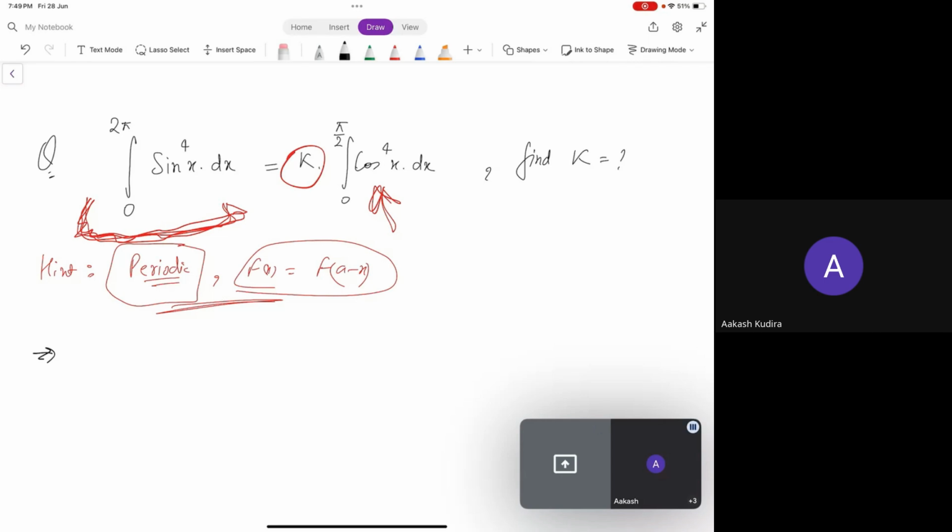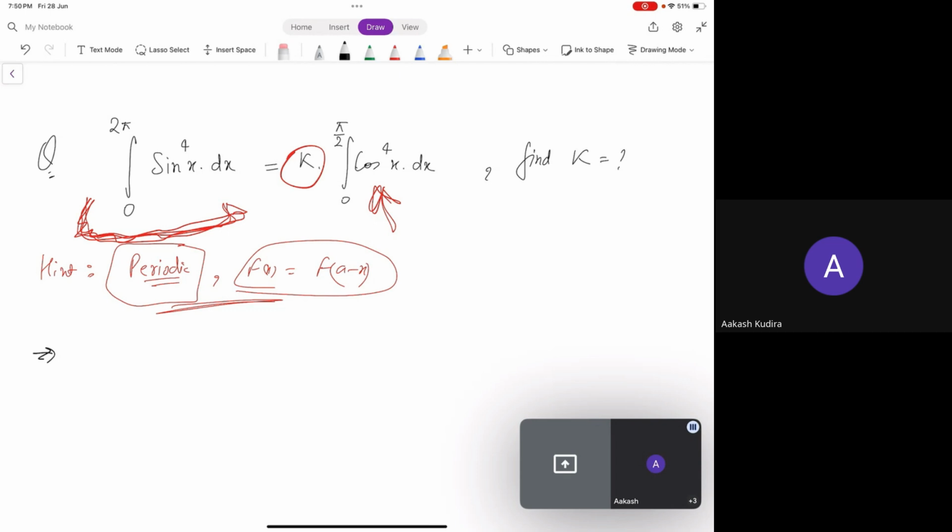Sir, there's this thing called King's property, where if you write the integral of 0 to 2a f of x, then you can write it as integral 0 to a f of x plus 0 to a f of 2a minus x. So I broke down the original question, integral of 0 to 2 pi sine power 4x, twice using that property.